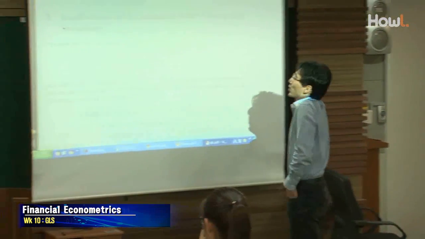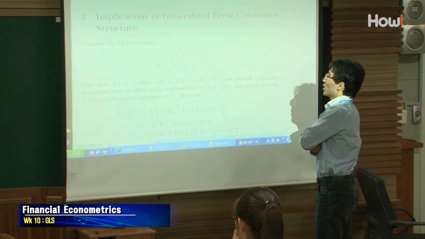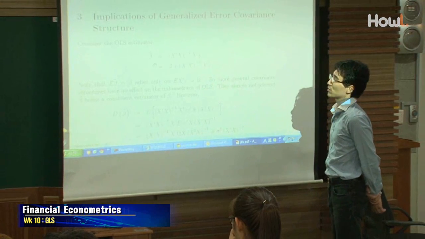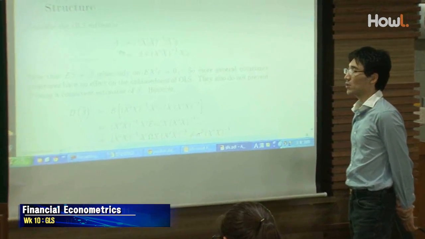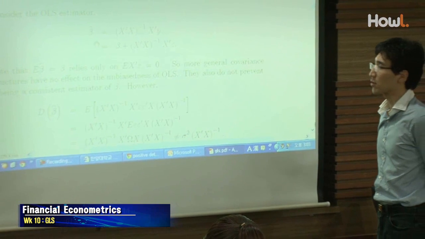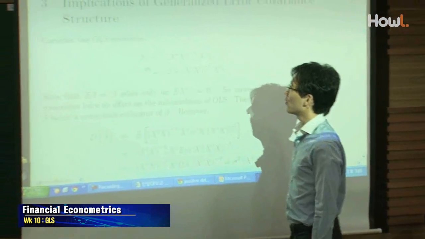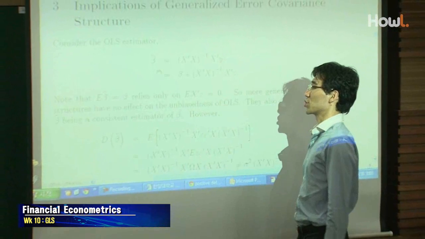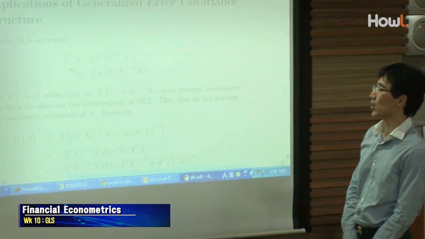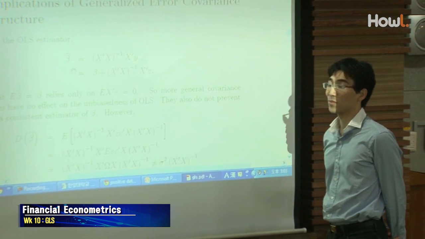Again, consider the OLS estimator: beta hat is (X prime X) inverse X prime y, and y is X beta plus epsilon, so it can be decomposed like this. If we compute the expected value of beta hat, our estimate, it is still beta, because the expectation of X prime epsilon is 0. So it means that a more general covariance matrix structure has basically no effect on the unbiasedness of OLS.